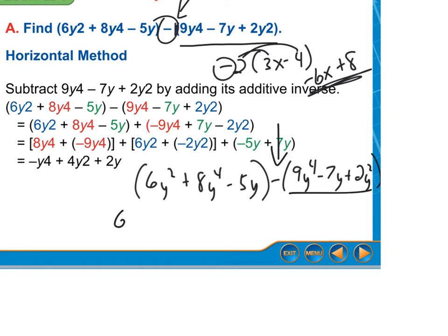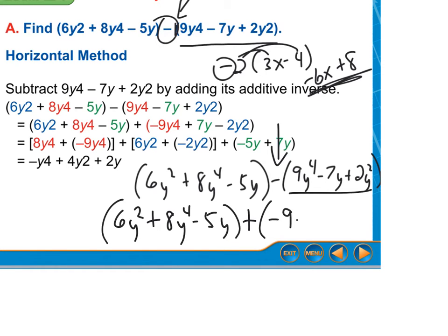So watch this. I'm going to go 6y squared plus 8y to the fourth minus 5y, and then I'm going to say plus, and then I'm just going to change every single sign. So 9y to the fourth plus 7y and minus 2y squared. So now it's exactly like what we were doing before. All I did was change the signs in the second one. I did not change the first.